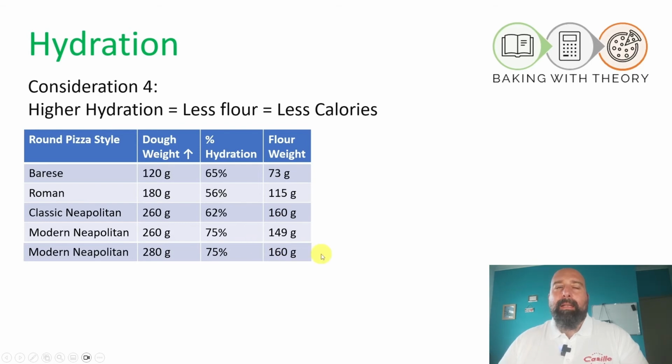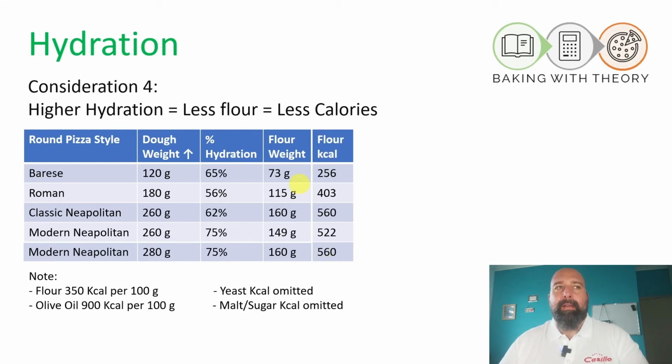Now, let us take into consideration the calories of these different pizzas. The notes at the bottom: I'm considering the flour at an average of 350 kilocalories per 100 grams, okay? I'm considering olive oil too.